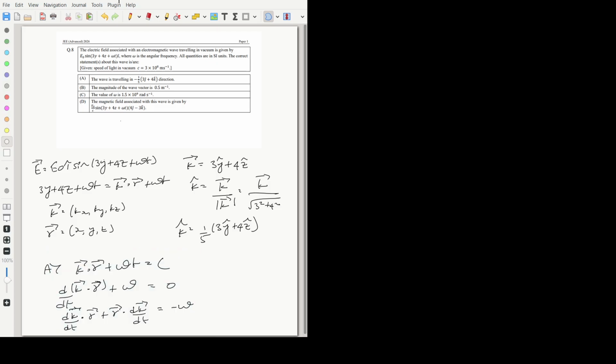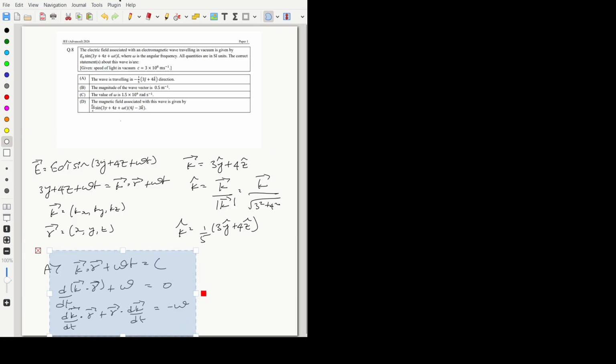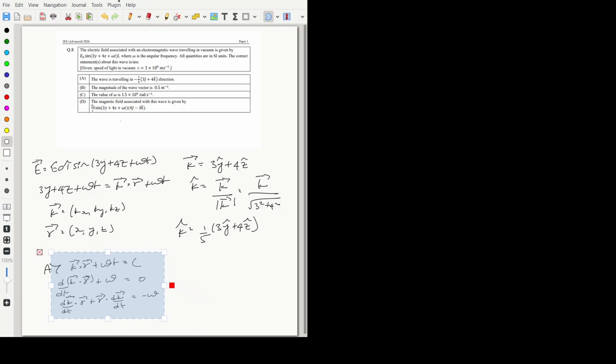This is 0 because obviously your wave vector is time independent. I made a small mistake, sorry about that.